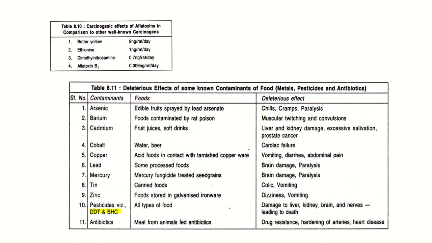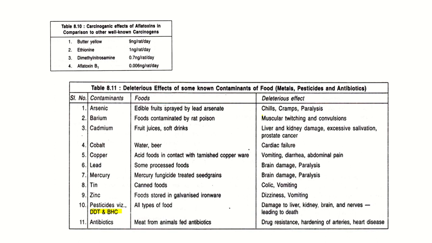Now you can say, sir, you have already told us that some of these, like zinc, copper and cobalt, are also essential for our body. But if the level is higher than permissible in the food material, what will happen? So one by one, we will start with arsenic.